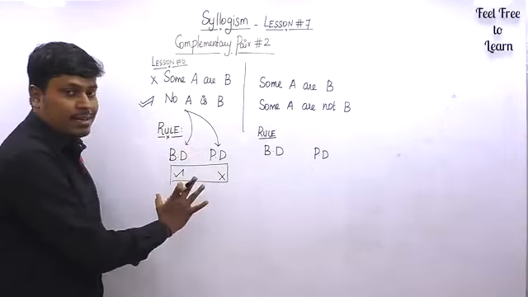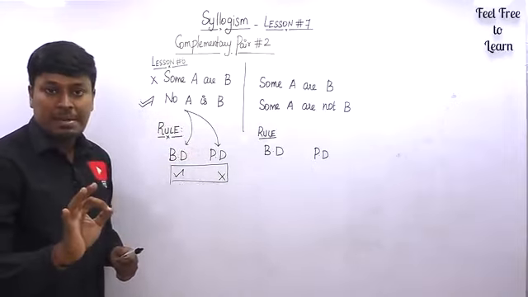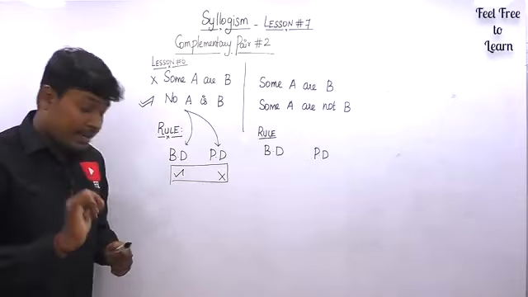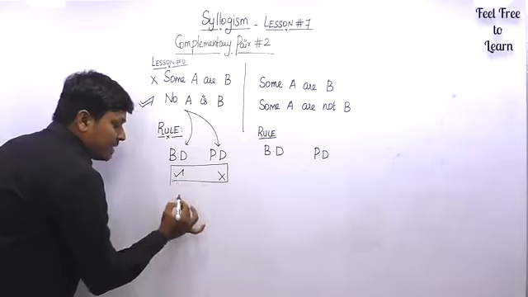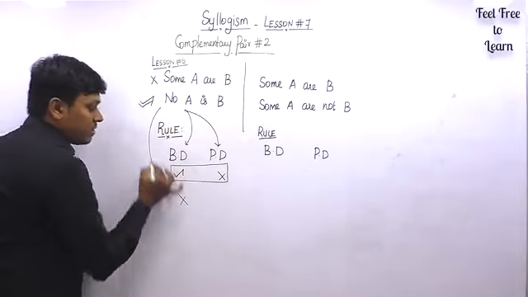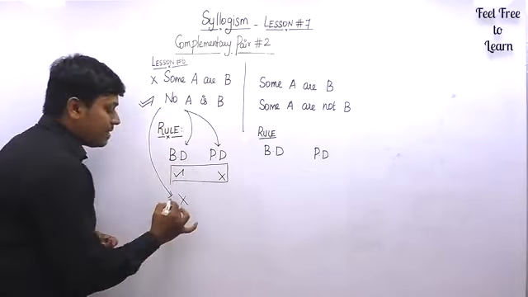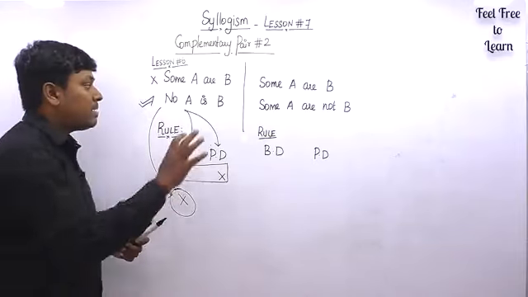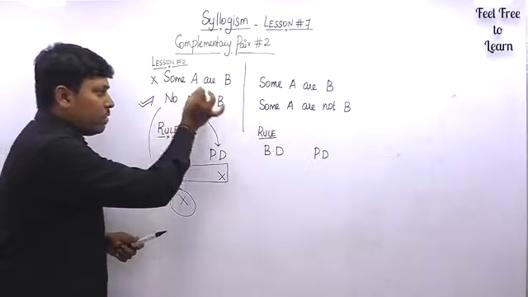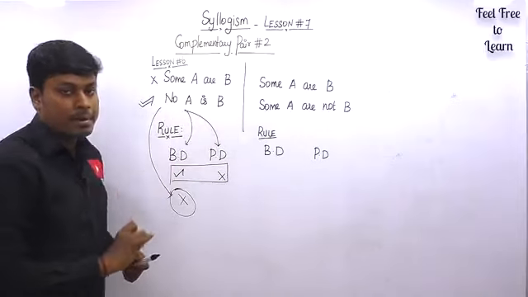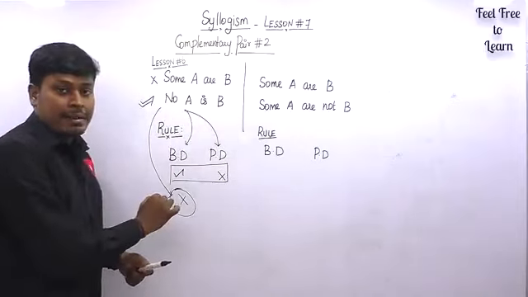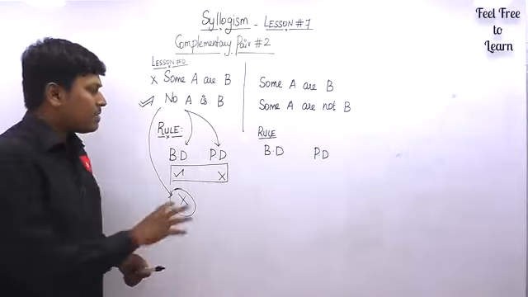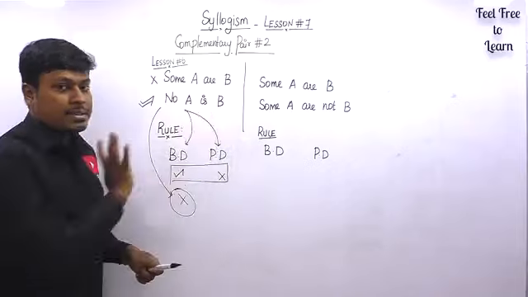If this occurs, it's a complementary pair, and the answer is 100% either or. And if in the basic diagram itself the "no" conclusion is wrong, then we can directly say it does not satisfy the complementary pair rule. So these are the steps we saw in lesson number 6.